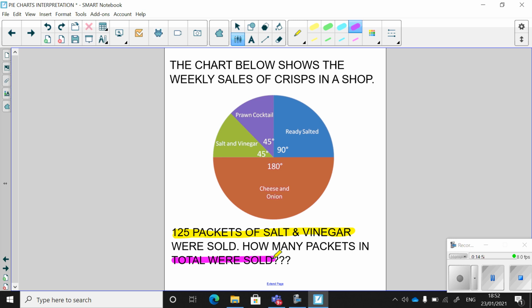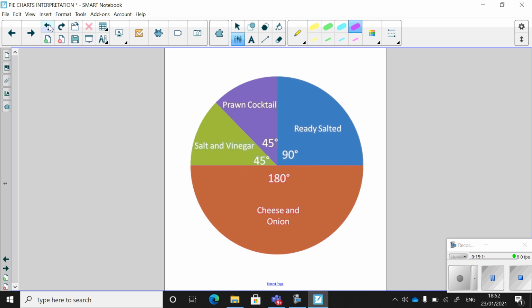Right, so we've got a fractional amount, the 125 of salt and vinegar. Okay, so we know that. So this is coming at it from a different point of view or angle of attack, if you want to put it like that. Right, okay, so we need to have a little think here.